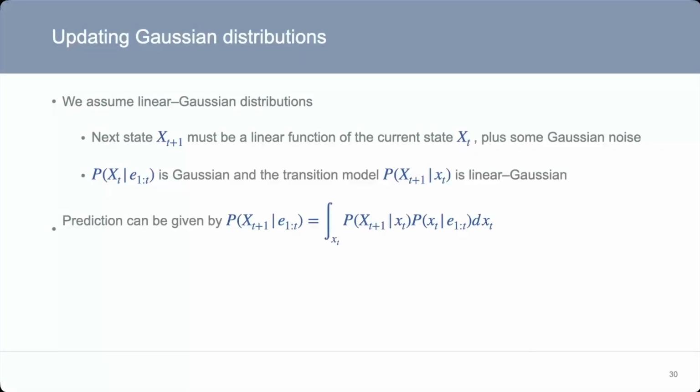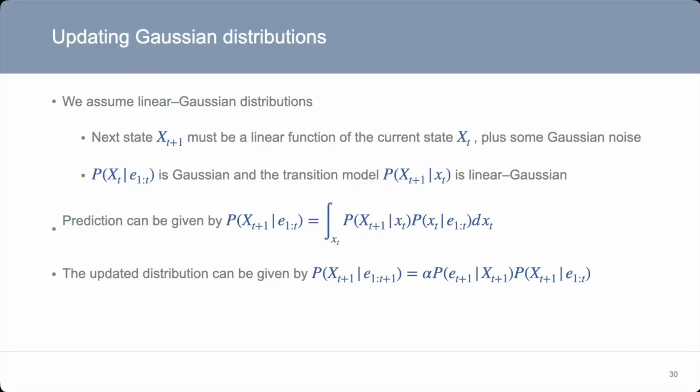If you satisfy these assumptions, prediction can be given by this. Remember, instead of summing over Xt, we are integrating over Xt. The updated distribution, that is P(Xt plus 1 | e1 to t plus 1), can be simply given by this formulation that we have seen before. It turns out this updated distribution is also Gaussian in nature.